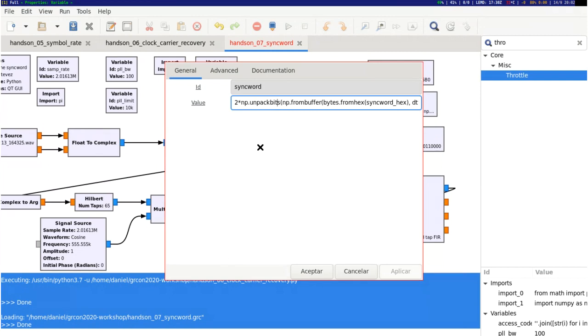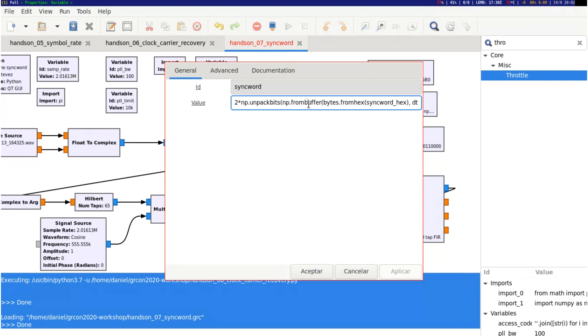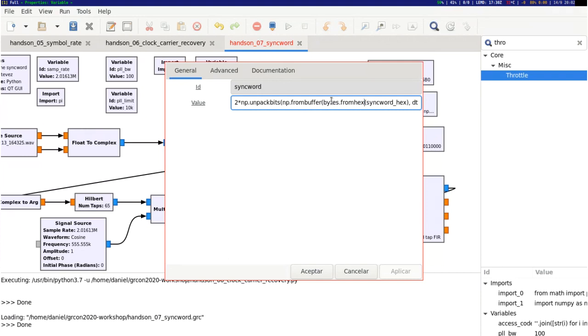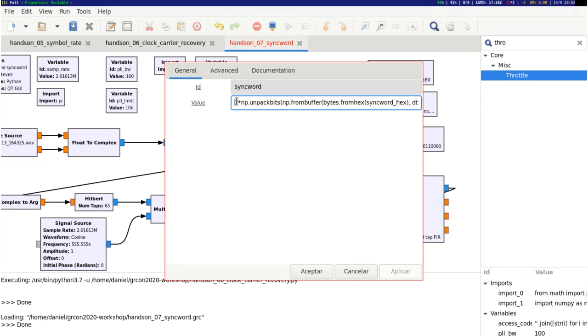This is the sync word as a sequence of bits, so -1s and +1s. We could go and compute this by hand, but here I have preferred to use a rather convoluted NumPy thing to get the string in hex, decode it, then unpack the bits, and transform those into -1s and +1s. For further reference, you have these with the workshop material.